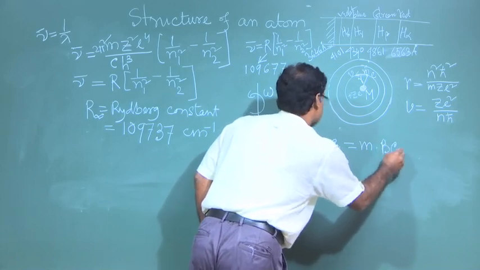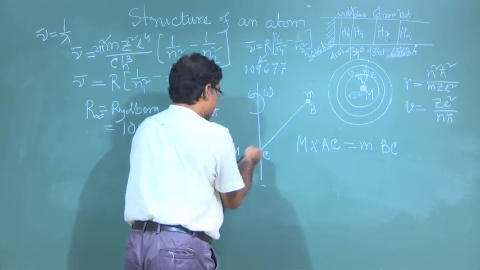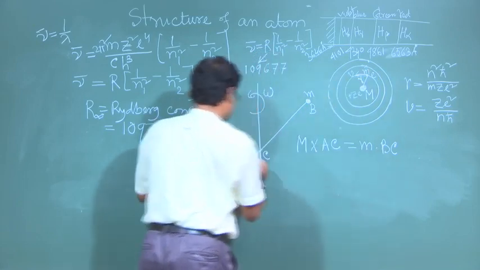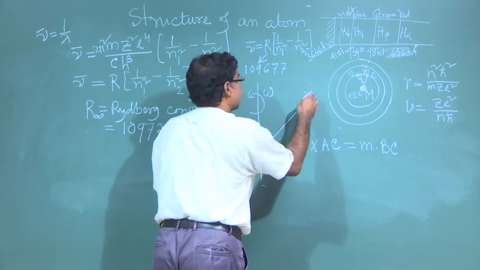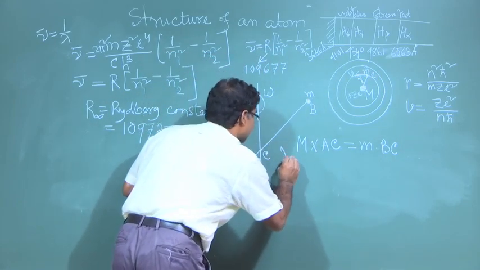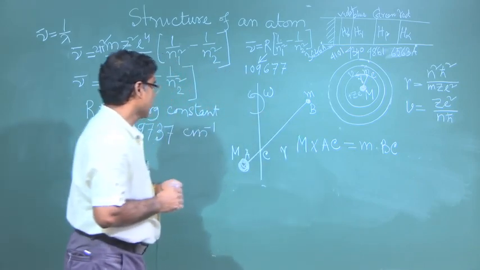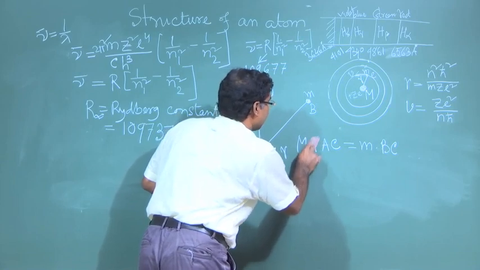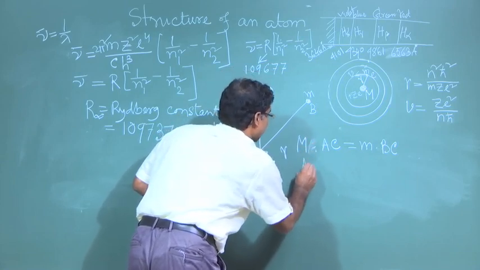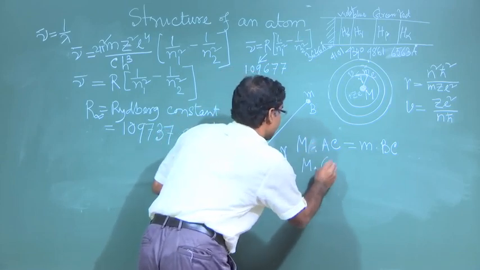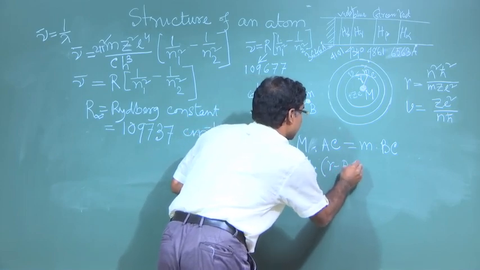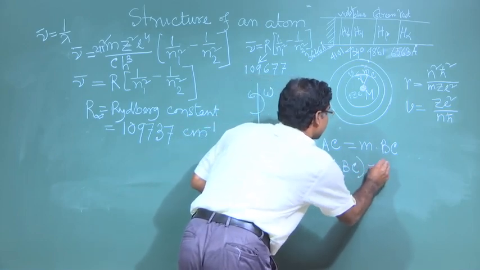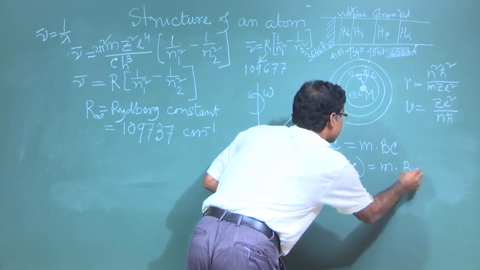The distance between the nucleus and the electron is R. So, basically AC I can replace by R minus BC, so M(R minus BC) equals m BC.